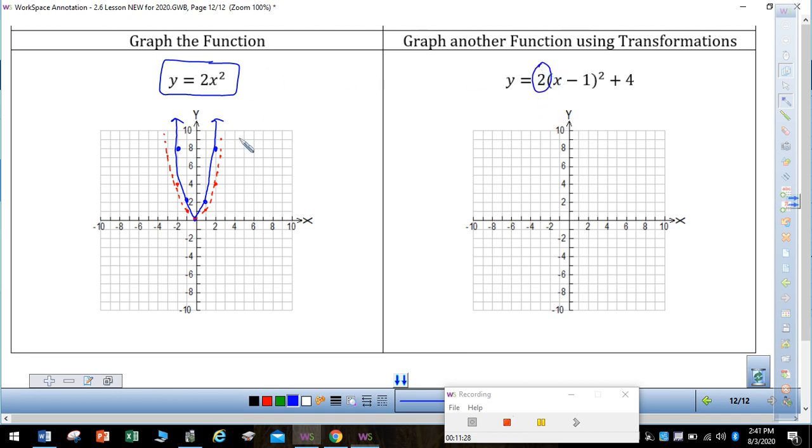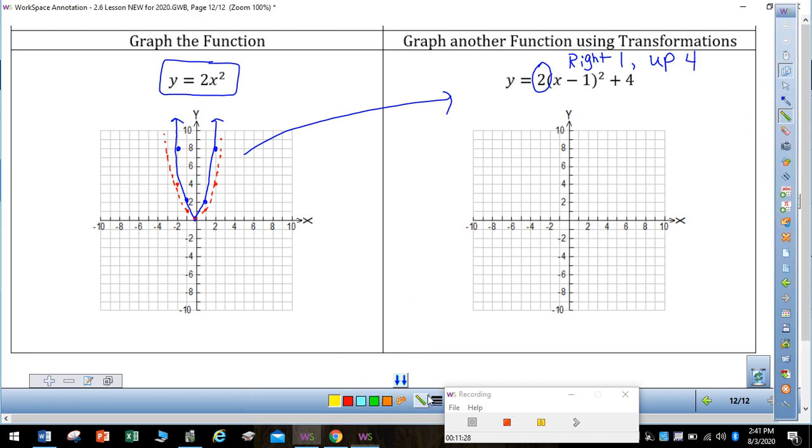So all we're going to do is take that graph that we just did, and move it to the right one space, because we're subtracting 1 in the parentheses, and move it up 4 spaces. These are the 5 points from the previous graph that we're going to move right 1 space and up 4.